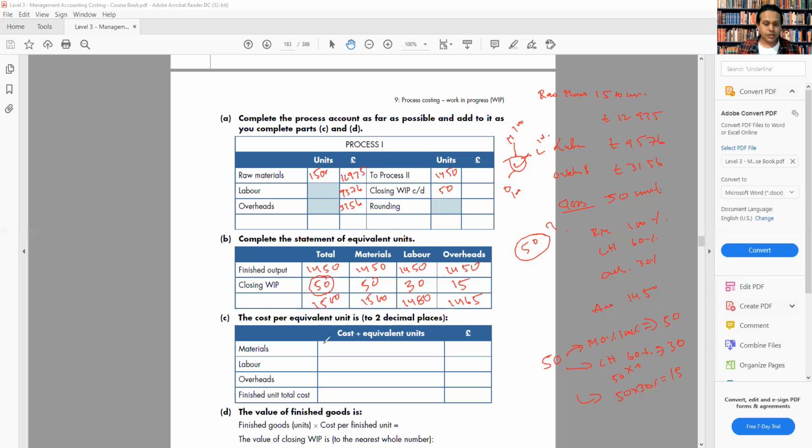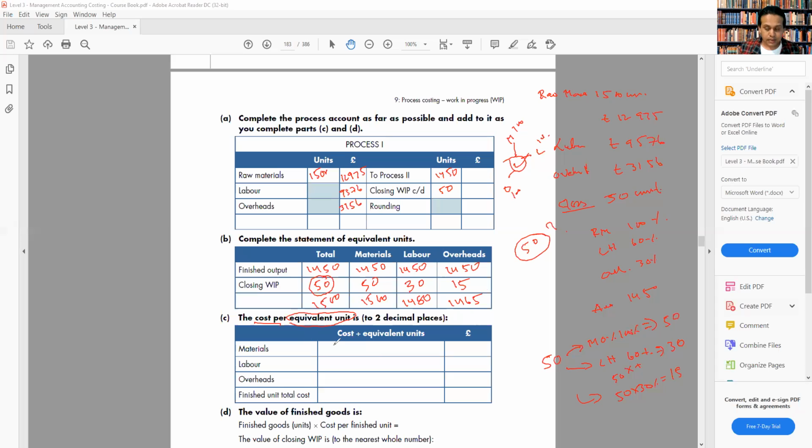The next point we're going to do is cost per equivalent unit. So now we have to know the cost. How much is the total cost for the material? How much is the total cost for the labor? How much is the total cost for the overhead?